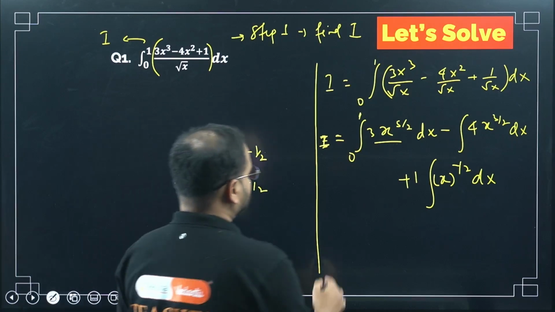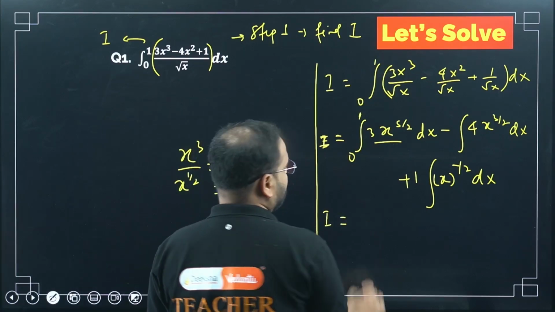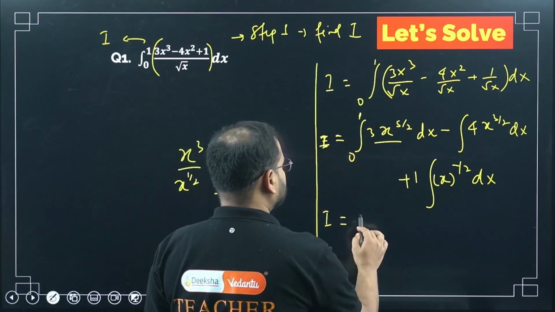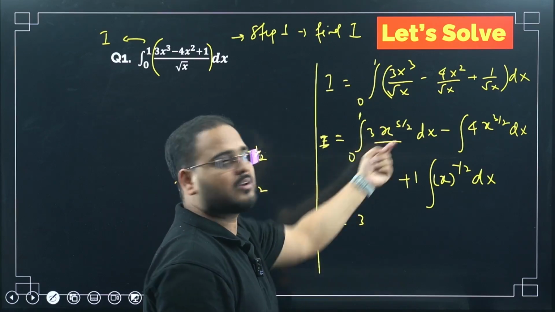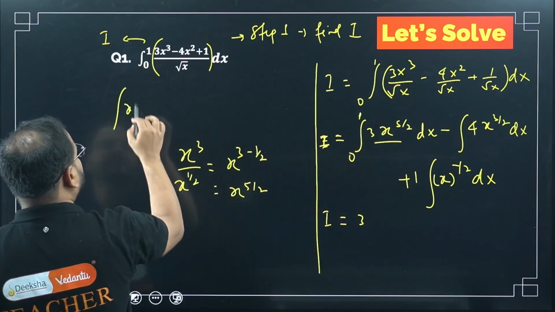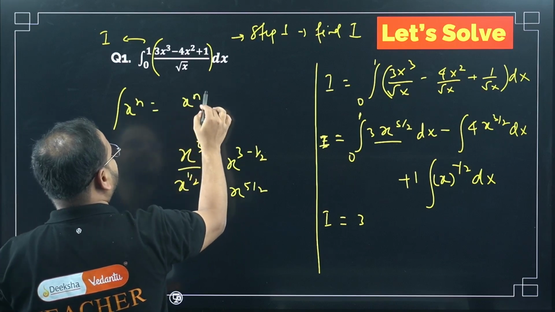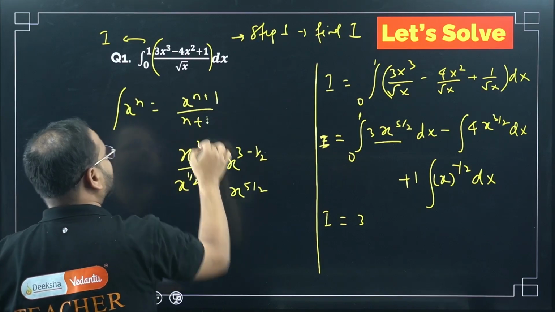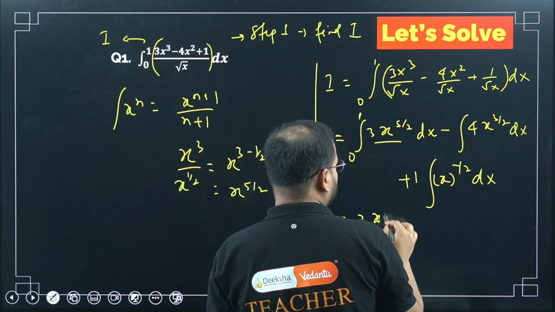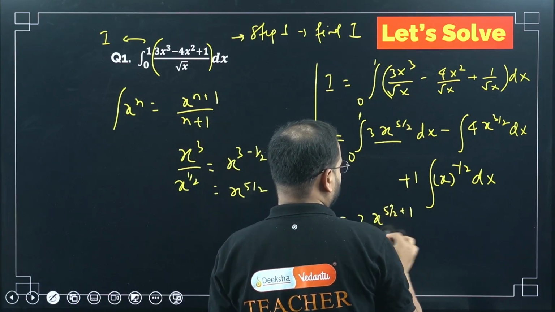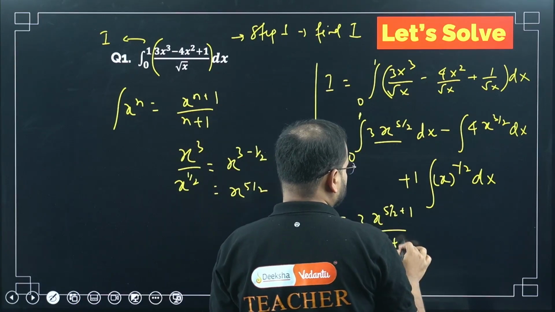Let's integrate this. Integration I will become, I'll take 3 outside, it's a constant. The integral of x power n, if you remember, is x power n plus 1 upon n plus 1. So let's use it. I'll get x power 5 by 2 plus 1 upon 5 by 2 plus 1.